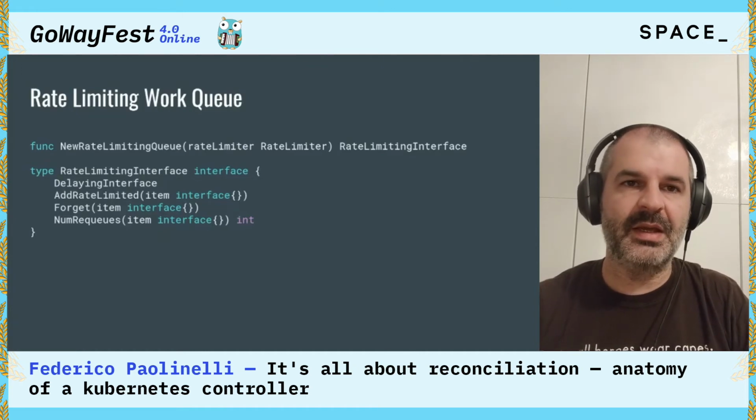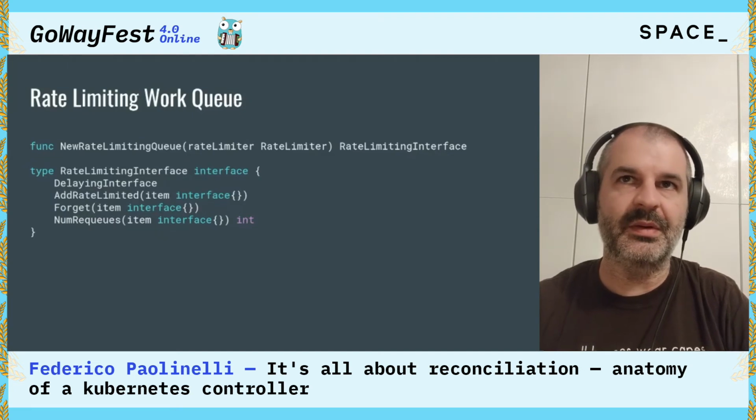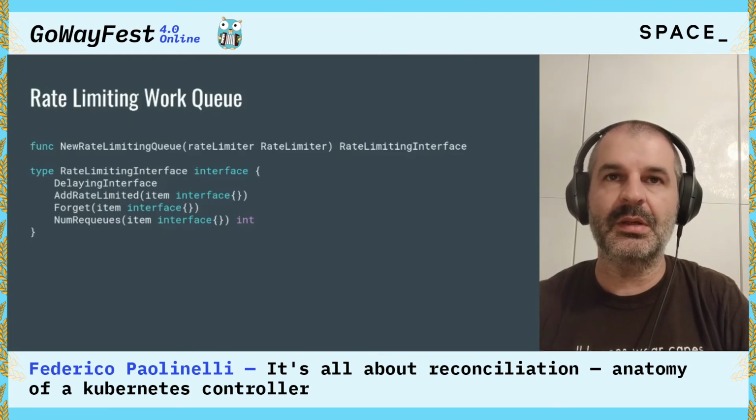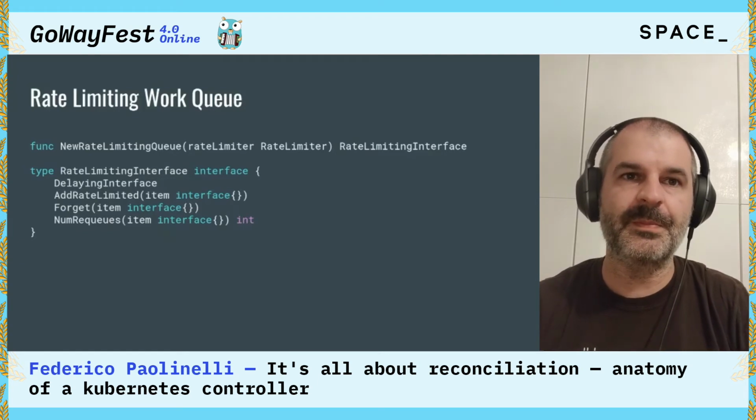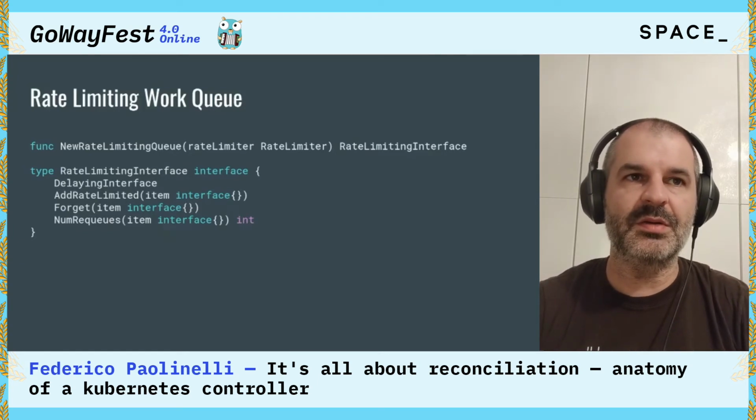And in that case, the queue will re-emit the element following some rate limiting policy. The default one is some exponential backoff mechanism, and this is particularly useful for error retry.